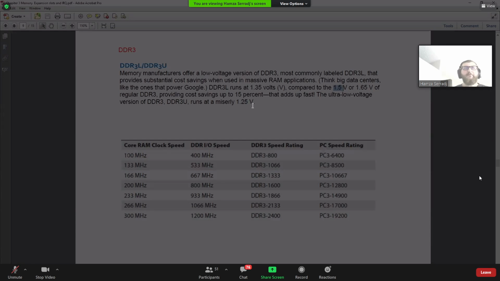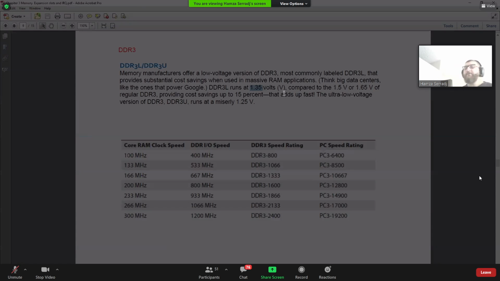See, it's 1.5, 1.25, and 1.35. See, it's not like we are consuming 100 kilojoules and we reduced that to 5 kilojoules or something. It's not that much, right? But still, they did it. Let's consume less electricity, yeah, of course.